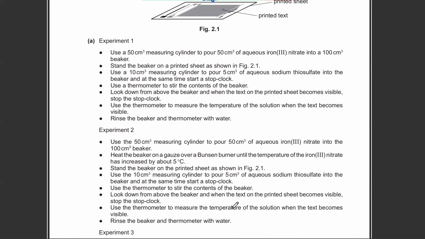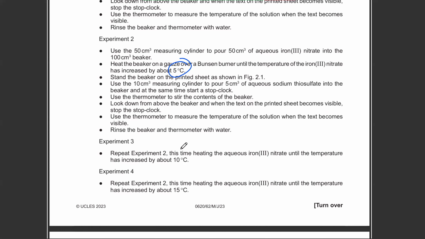So experiment number 2, he does the same thing, except I think he changes the temperature. He heats the beaker. The temperature is 5 degrees centigrade higher. And again he uses the stopwatch and times it. And he starts all over again. The third experiment, now it's a 10 degrees centigrade increase.